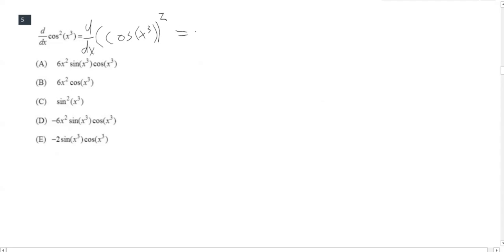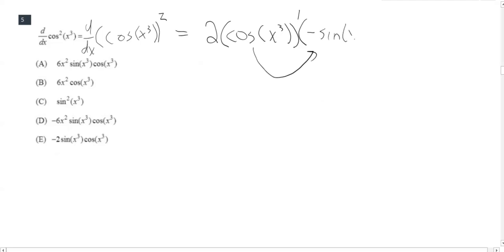The derivative of the outside function, the squaring function, is going to be bring the 2 down, to the power of 1, the cosine of x cubed, times the derivative of the inside of that. So the derivative of the next inside would be the derivative of cosine, which is negative sine of x cubed.